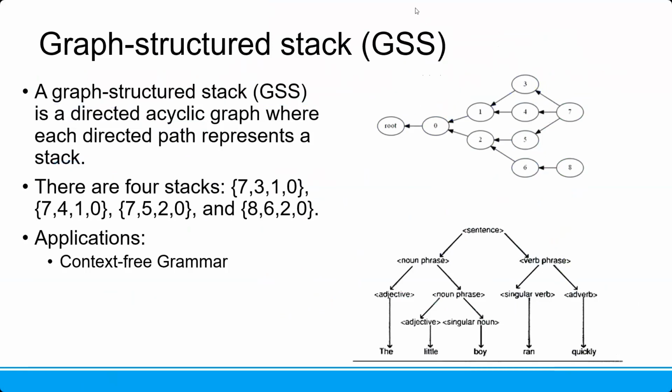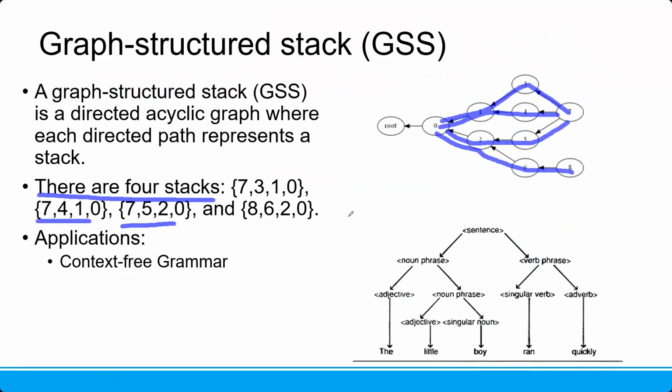So if you look at this detail, there will be 4 stacks. The first stack is 7, 3, 1, 0. The other stack is 7, 4, 1, 0. The other stack is 7, 5, 2, 0, and the other stack is 8, 6, 2, 0.